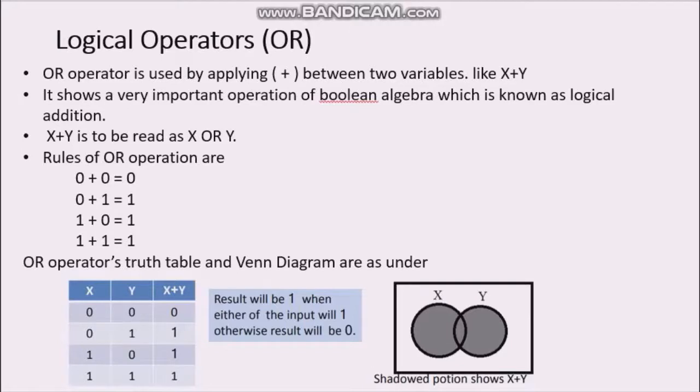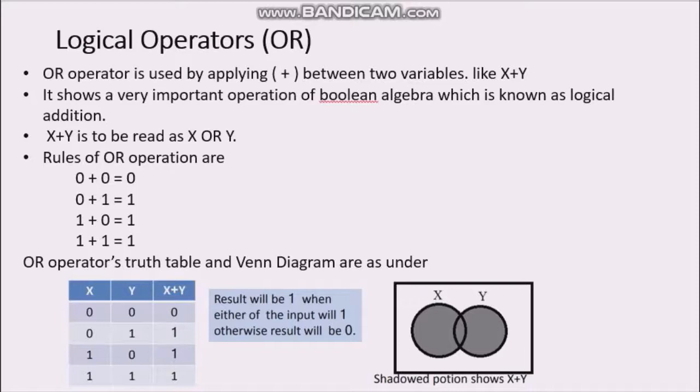Next is the logical OR operator. The logical OR operator represents a binary addition, right? So if you have to represent the OR operation, you will write plus. So here x plus y is x or y.